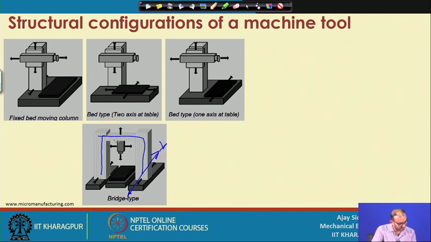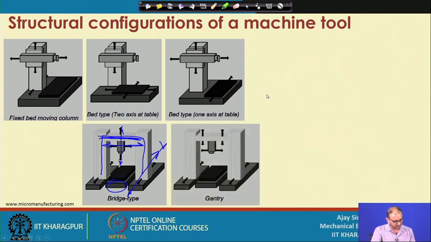Your tool is on the center of this bridge, and your z axis is moving up and down in this direction, as well as moving in the x direction, right. So, here this workpiece is independent of the movement of this y axis. So, this construction is also very popular in machine tools.